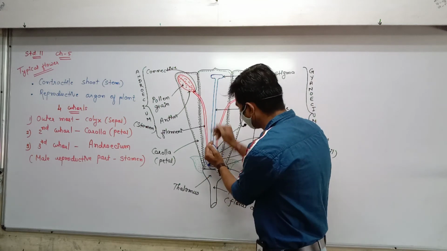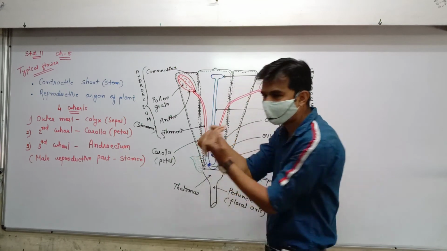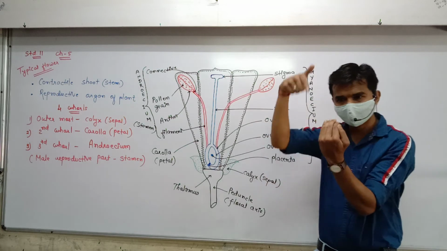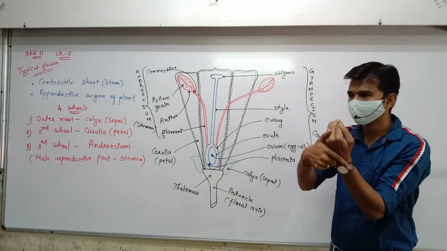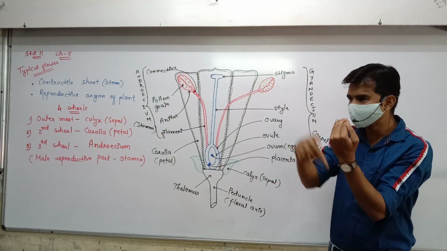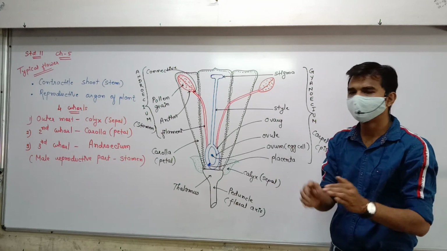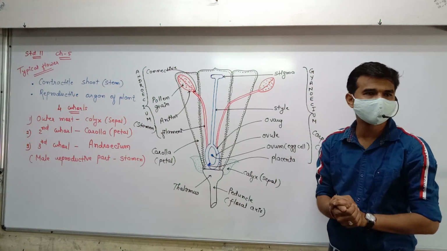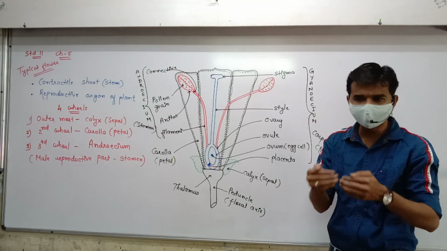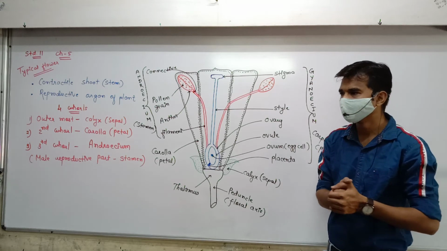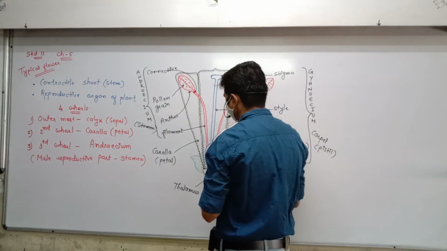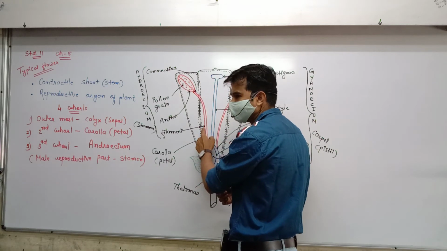So this is the ovary. Just behind that ovary, the filament goes through it, passes through it outside, and is attached to the thalamus. So proximal part. Proximal means near part. Near part of the androecium or stamen is known as filament.